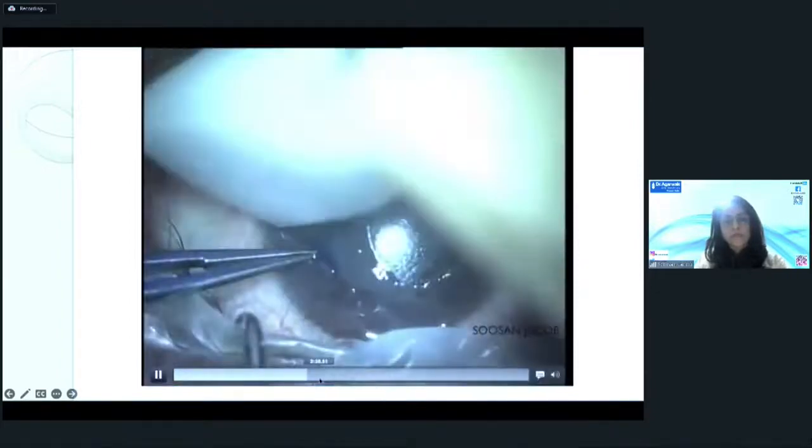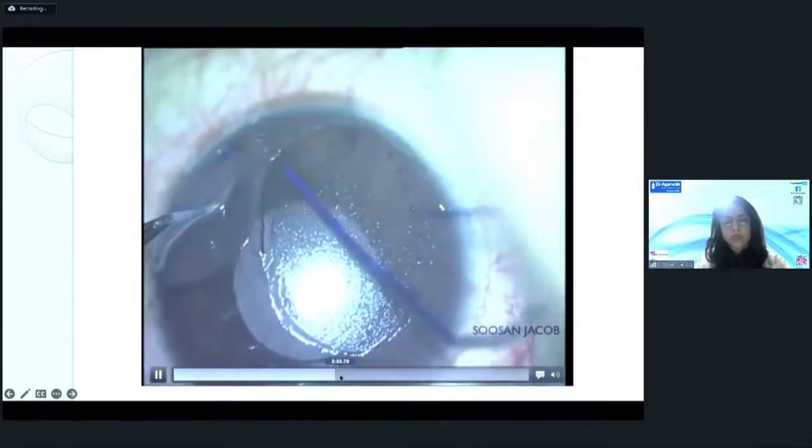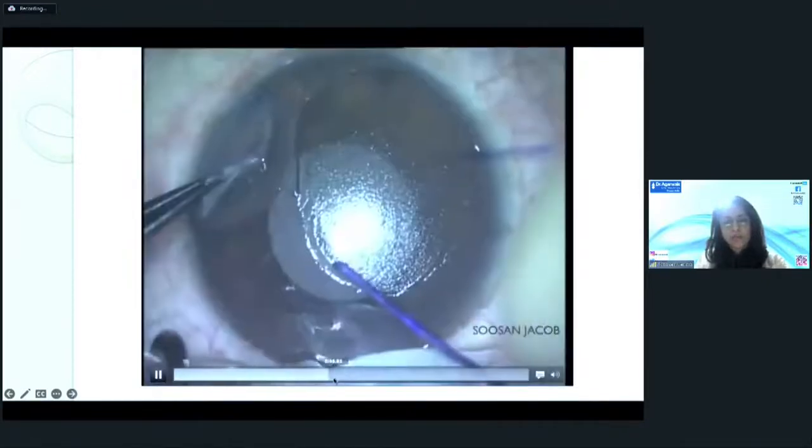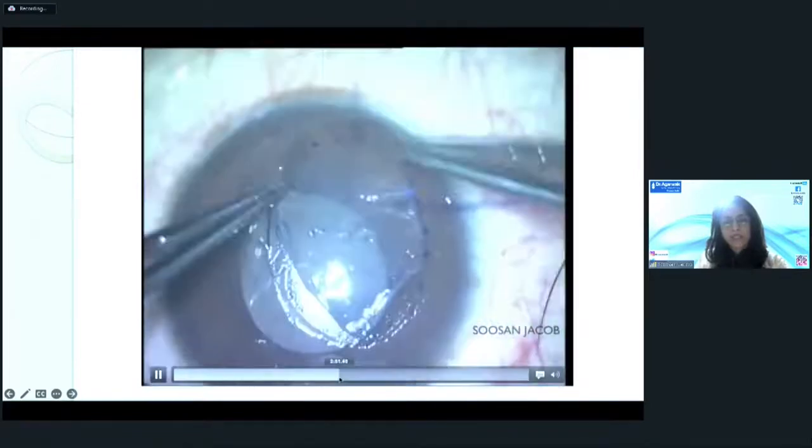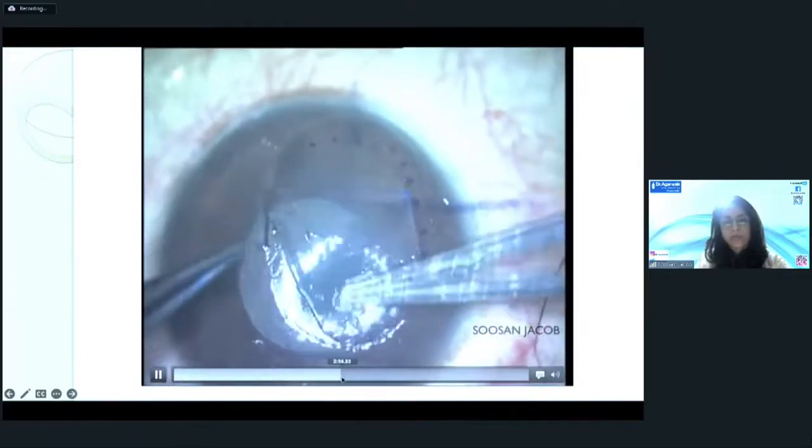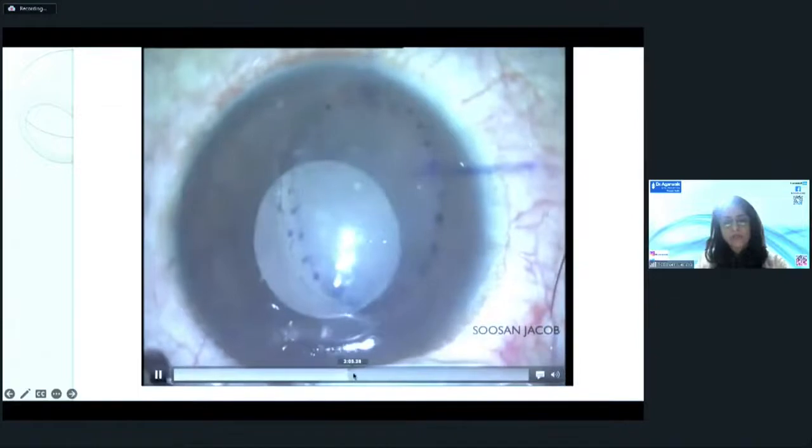So once that's done, you do this with a number 11 blade. Here you can see I'm doing it with a Merocel sponge, but you can also do it with a number 11 blade. And I've gone ahead and marked the edges of the cap, and then you go ahead and replace that.